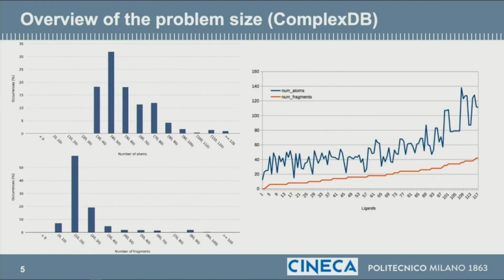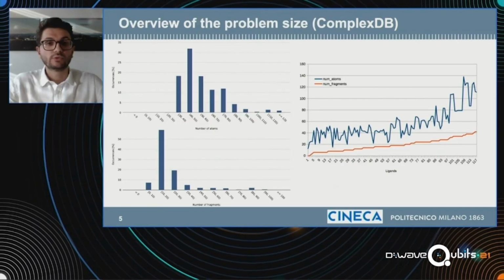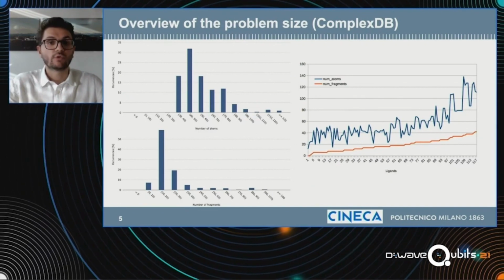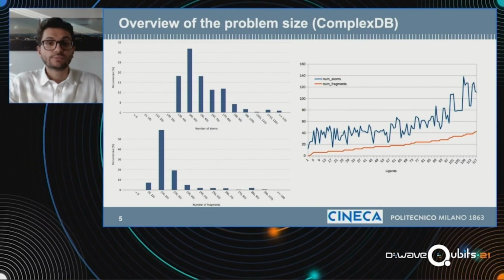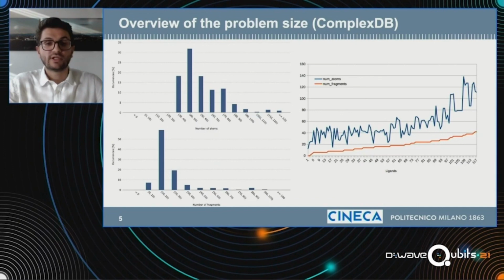Okay, on the left-hand side, you can see two of the features representing the molecules in the database of our project: the number of atoms and the number of fragments. The most widespread molecules are the ones with 40 to 50 atoms and 10 to 20 fragments.